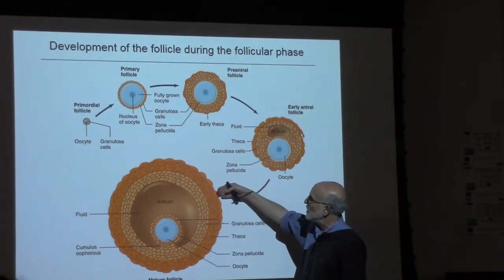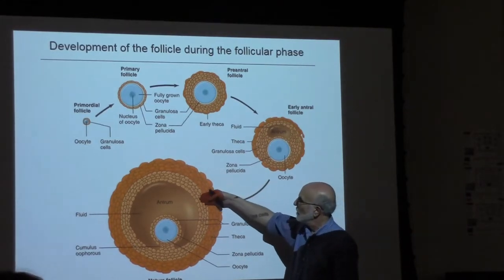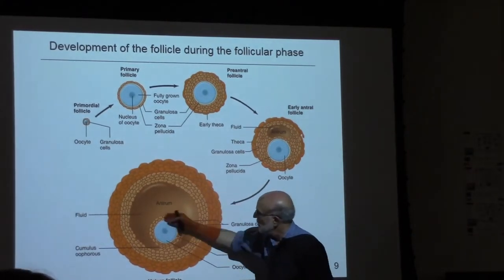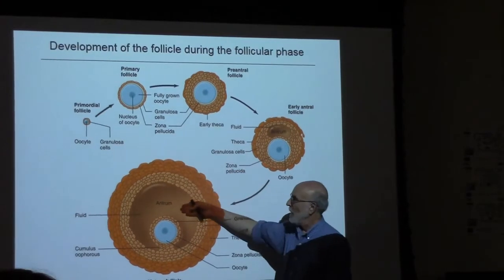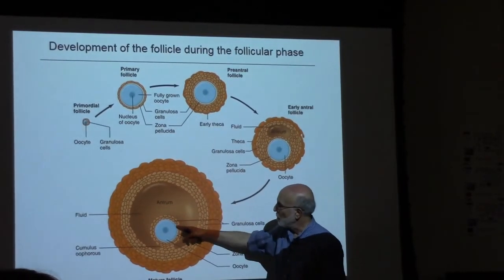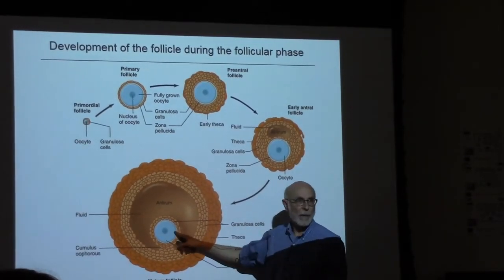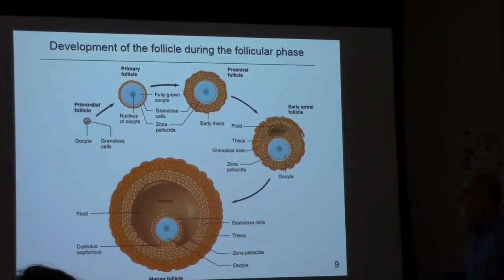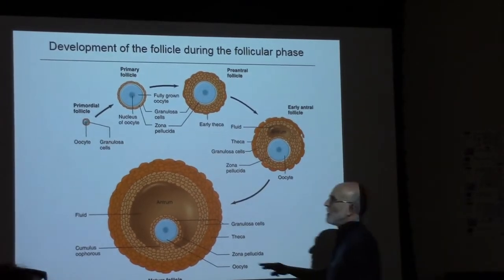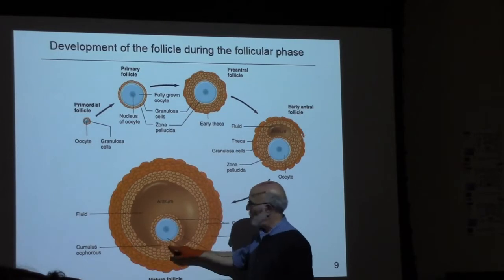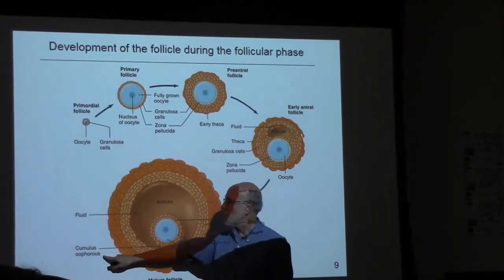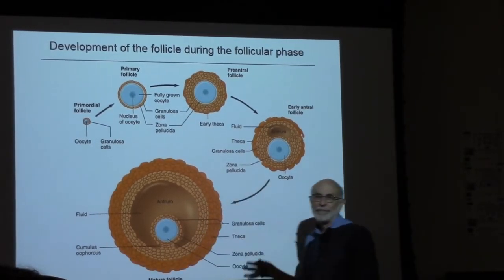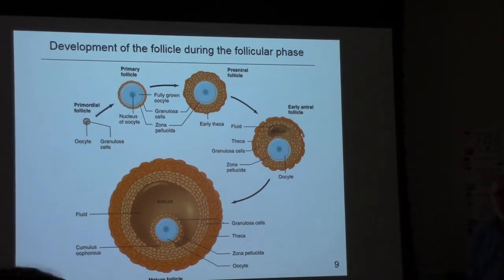Going from the outside this time, theca, granulosa, antrum, zona pellucida, oocyte. Here's a name of a structure, the cumulus oophorus. It's not on your list.